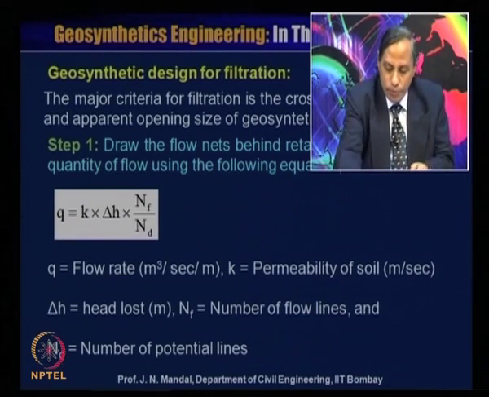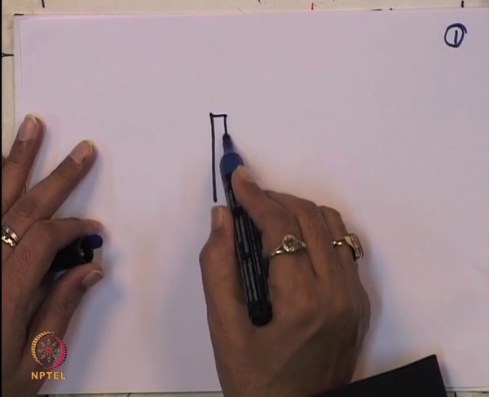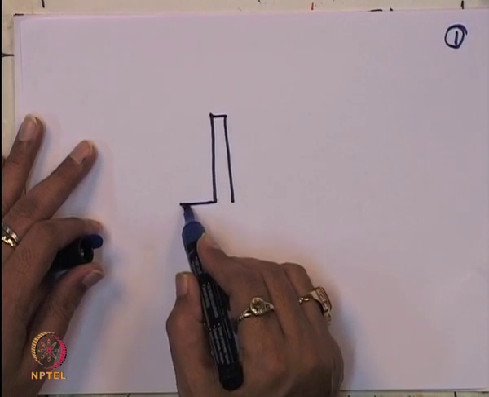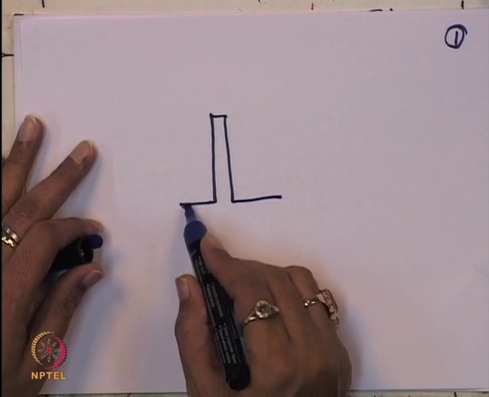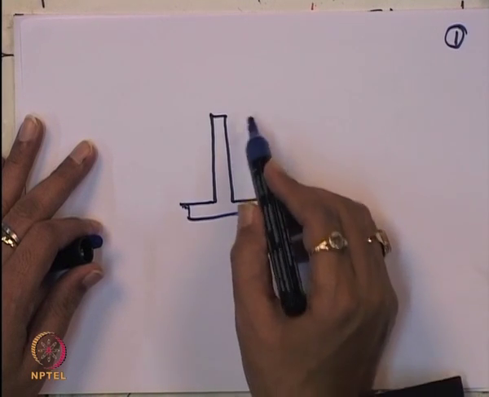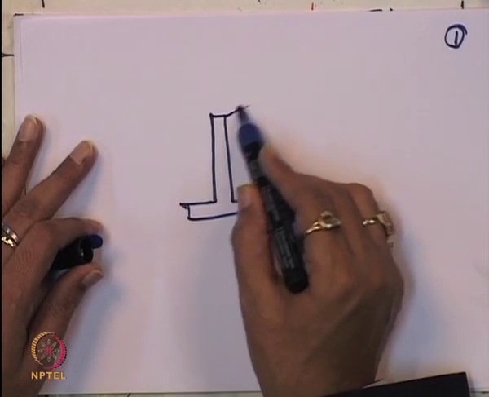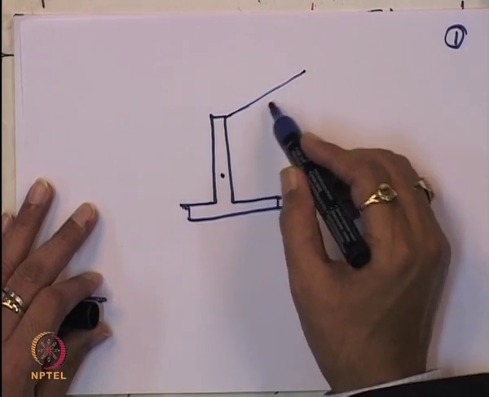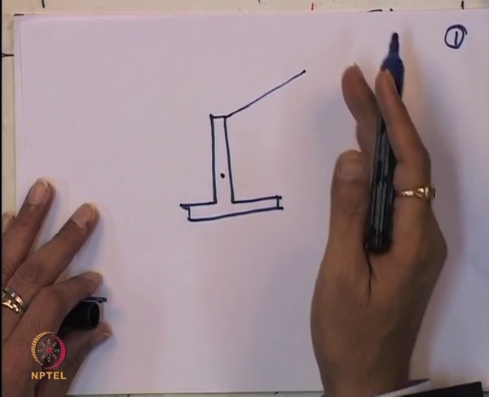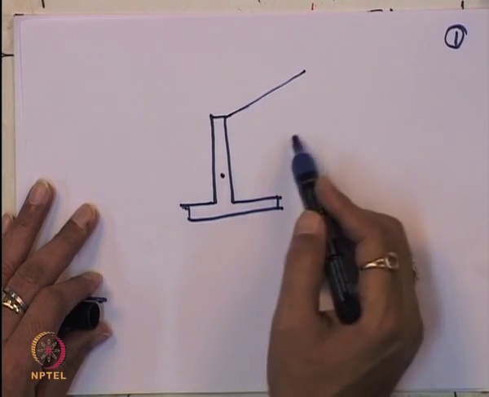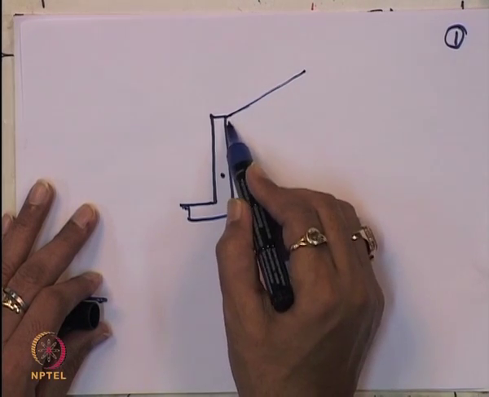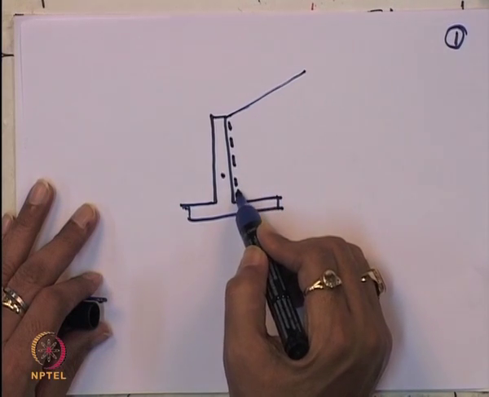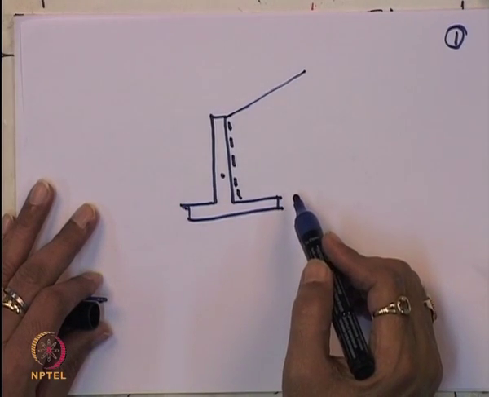For example, if it is a wall, you do not know what quantity of water can flow through this, so you are providing this geotextile material here.